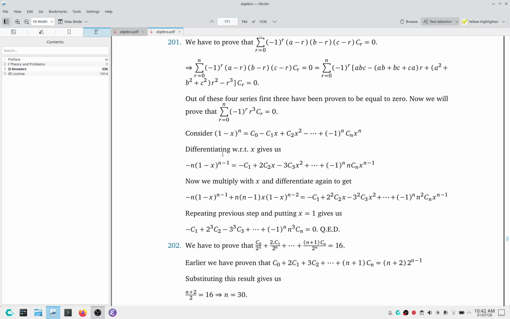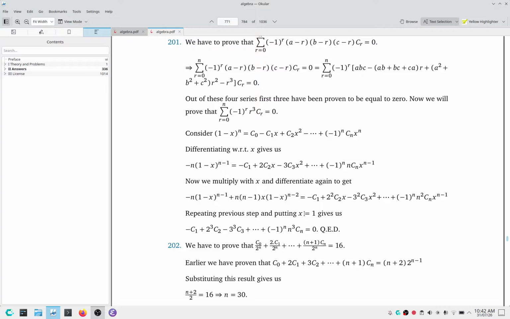And then you multiply, then you differentiate. So you will get C0 minus 2C1. No, we don't want C1. Oh, 0 will make C0 0, so it doesn't matter. This is correct. Okay, I went on a tangent.